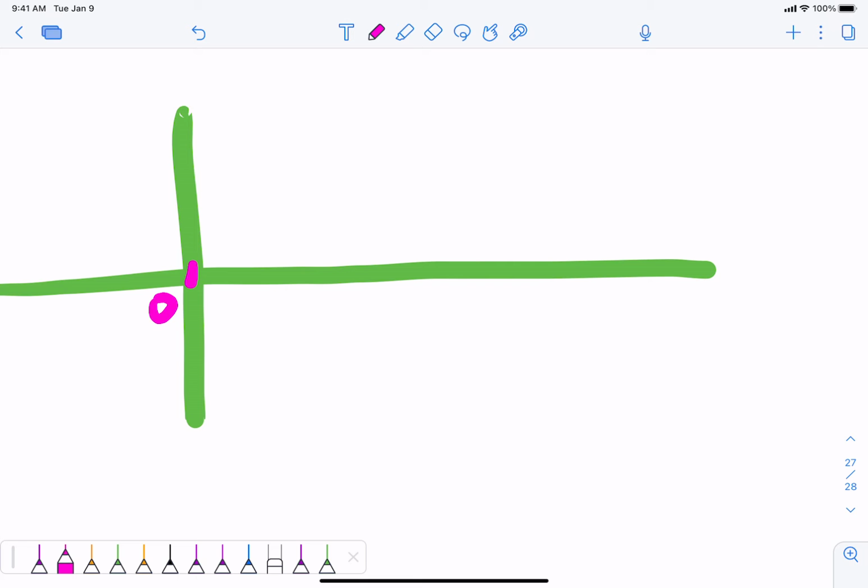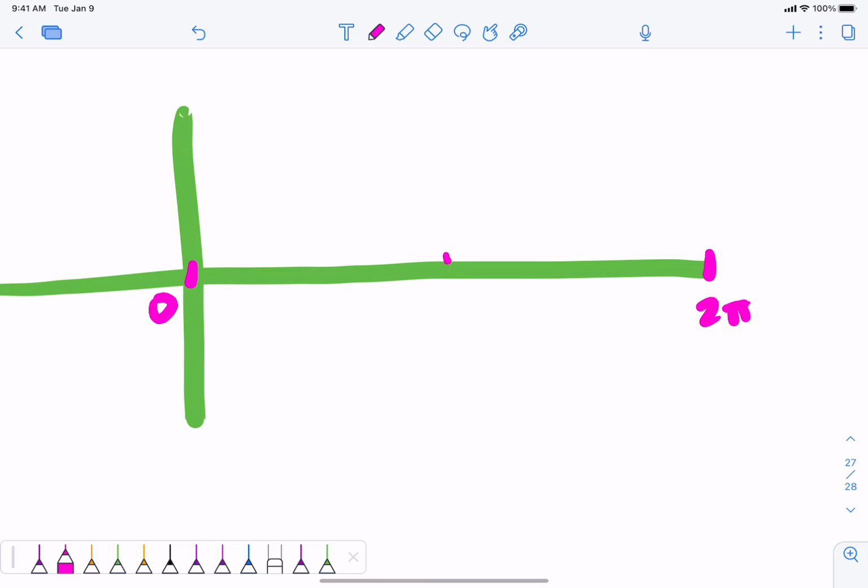It's one full cycle before it starts over again. So 0 to 2 pi is one full cycle, and then it starts over again.